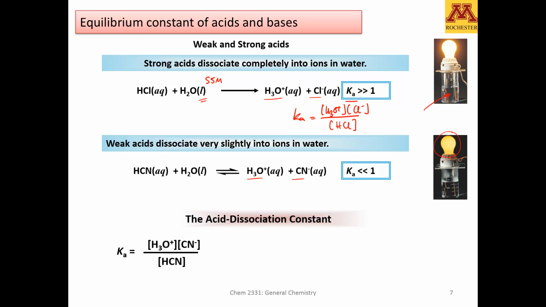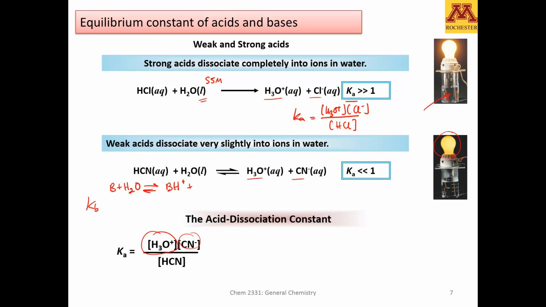Again, notice that the equilibrium constant is always products over reactants. A Ka will always have the concentration of H3O plus in the numerator and the conjugate base also in the numerator. We will also define Kb if you have a base reacting in water. I'm just writing it here so that you see it for completion.